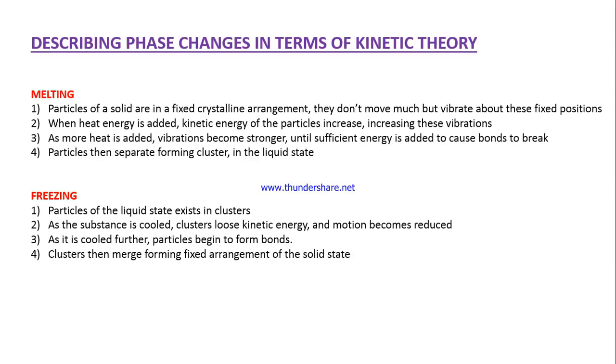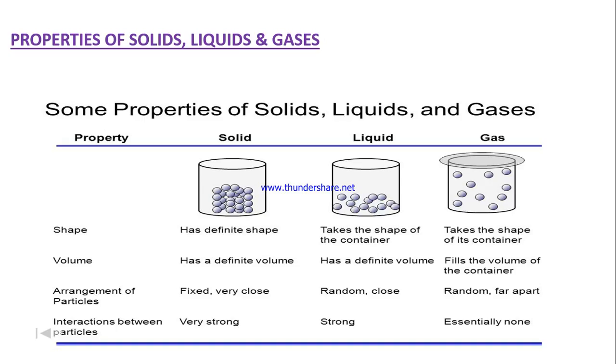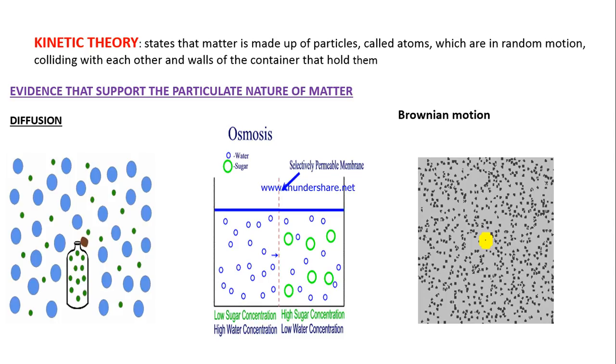It's important to be able to explain these processes in terms of the kinetic theory of matter. We talked about the properties of solids, liquids, and gases. This diagram, this table, is really important to be familiar with, because in all parts of chemistry it's going to be useful.